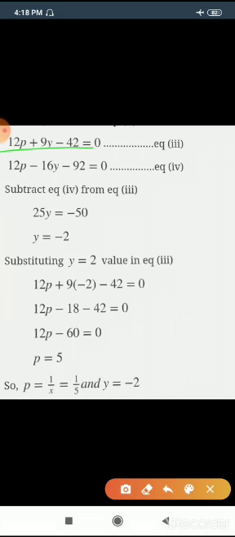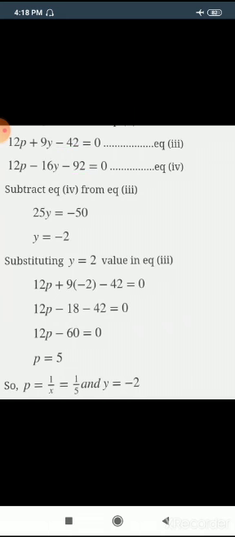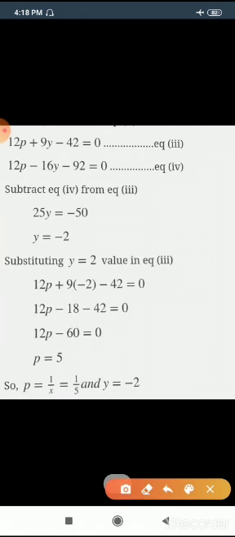And in the second equation, all the terms are multiplied with 4. Now by subtracting, the signs will change. So 12p minus 12p got cancelled. 9 plus 16, 25, y is equal to 92 minus 42, 50. Then y is equal to minus 2.